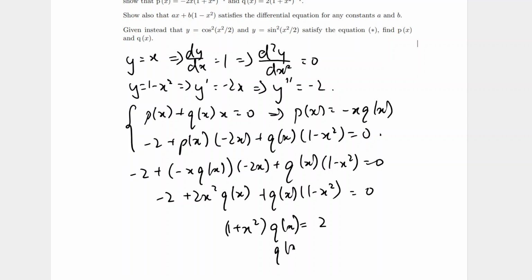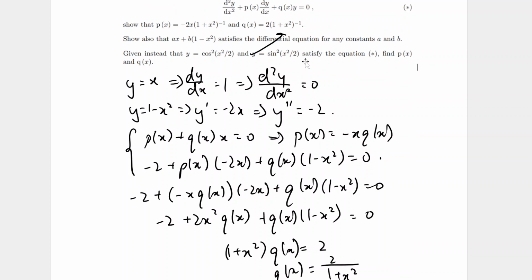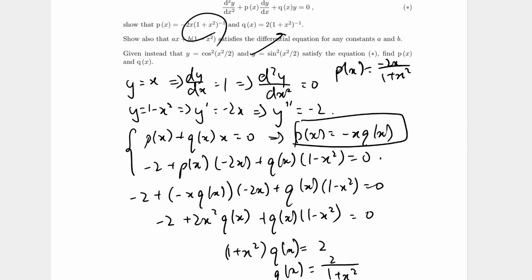So q(x) is indeed 2 over 1 plus x squared, which was what the question wants here. 2 times (1 plus x squared) to the minus 1. Okay, good. And find p(x), right? So from this equation, I know that p(x) equals minus x times that, so minus 2x over 1 plus x squared, which is also as required.